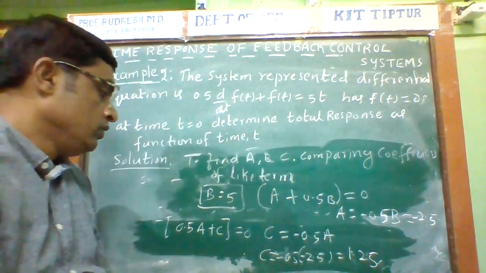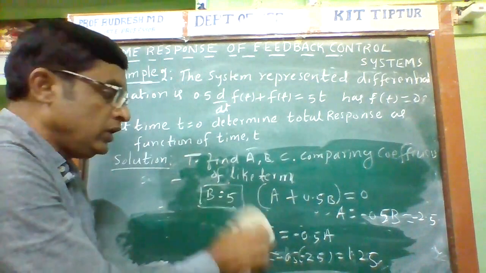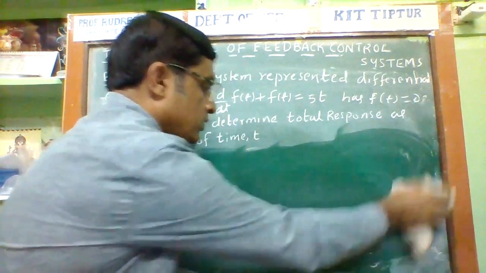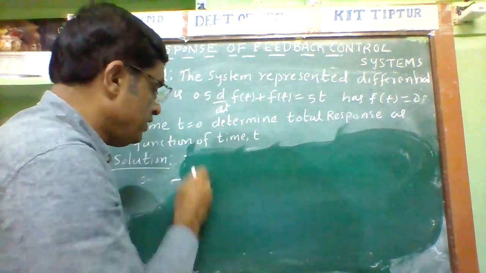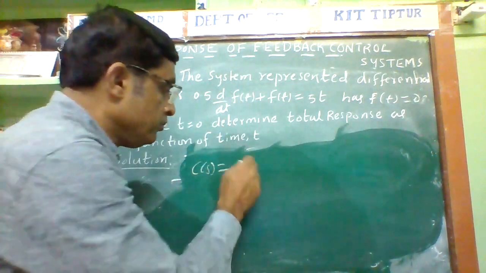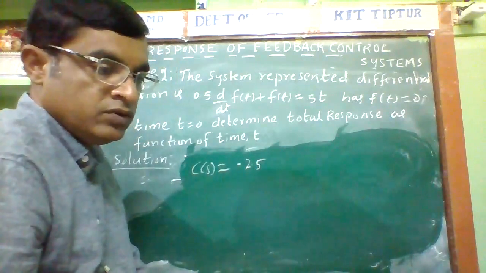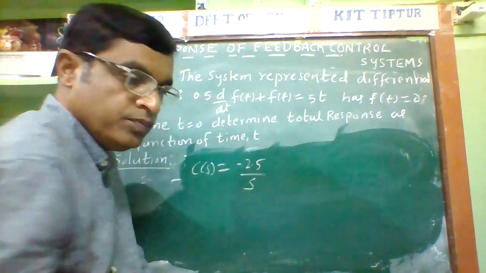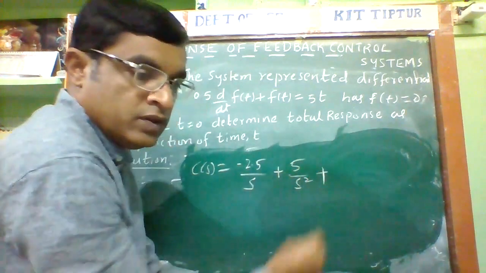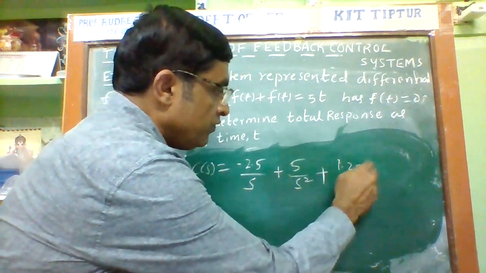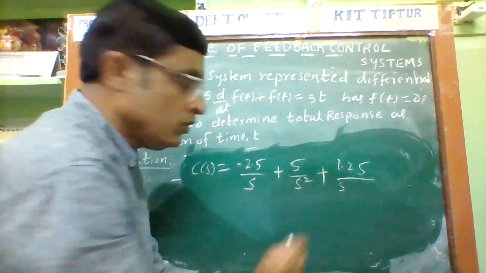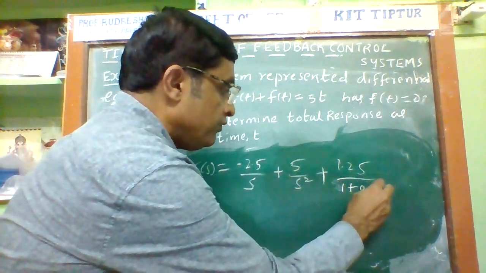Now substitute these values in the original partial fraction equation. So f of s is equal to minus 2.5 divided by s plus 5 by s square plus 1.25 into 1 by 1 plus 0.5 s.